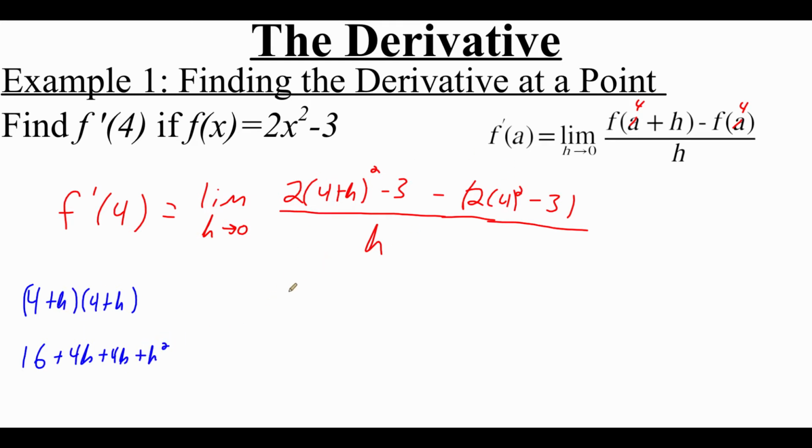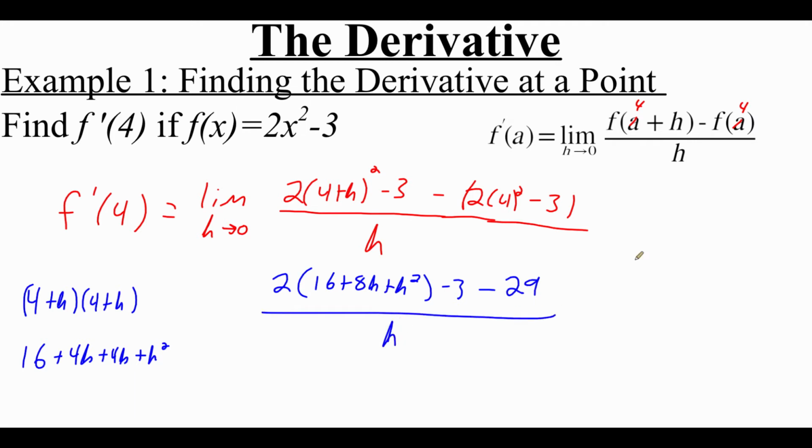So on top of my fraction, this is going to be 2 times (16 plus 8h plus h squared) minus 3 minus, now on the back end here, there's no variables, so we should just be able to simplify this down. 4 squared is 16, times 2 is 32, minus 3 is 29. And this is all over h.